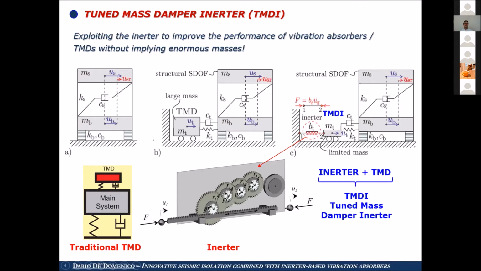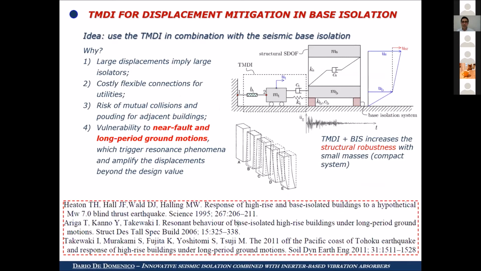What are the motivations? What are the reasons for this combined isolation system? So there are many answers. In particular, with this system, we can reduce the displacement of the isolators. So we can adopt smaller size isolators, which implies a lower cost for the overall isolation system. And this also has an important implication in terms of reduction of the flexibility of the connections for utilities.